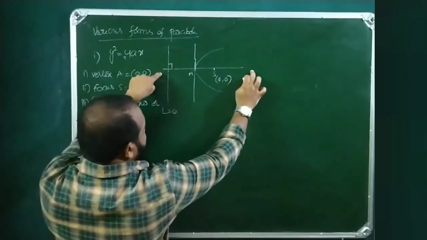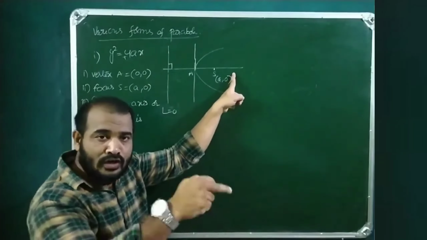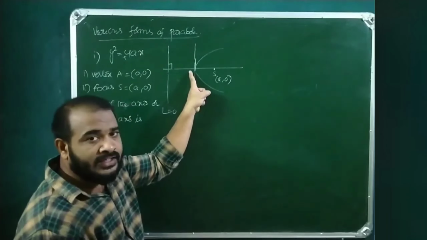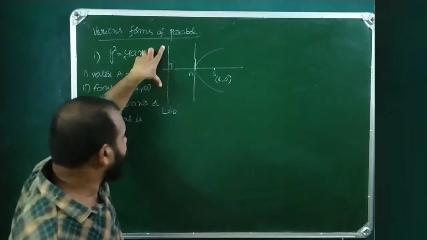See, this straight line does two things at the same time. It not only passes through the fixed point, but is also perpendicular to the fixed line, which is the directrix.